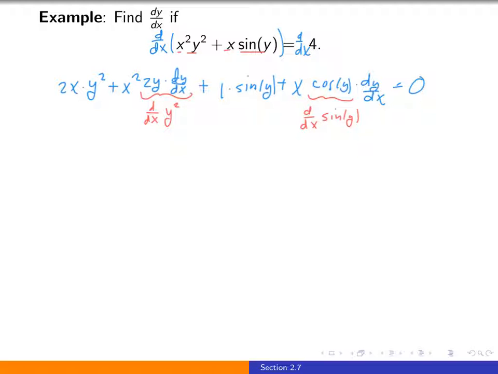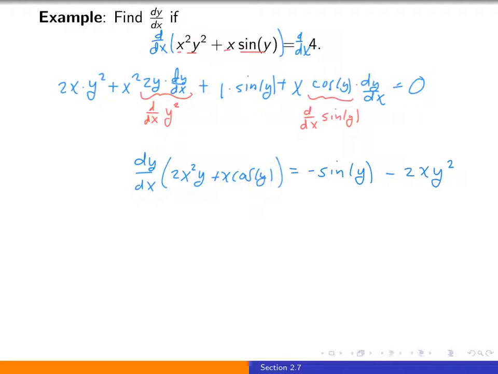We have two terms on the left which involve dy/dx. So we are going to factor those terms out. We will have a 2x squared y of them, and then an x cosine y of them. And the remaining two terms, we are going to subtract over to the right-hand side. So minus sine of y minus 2xy squared.